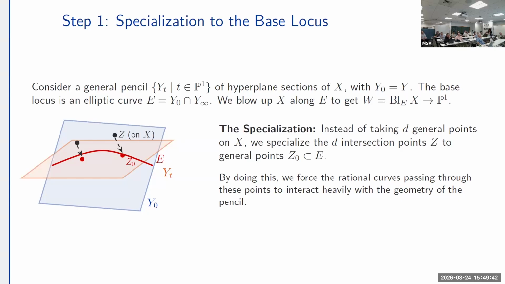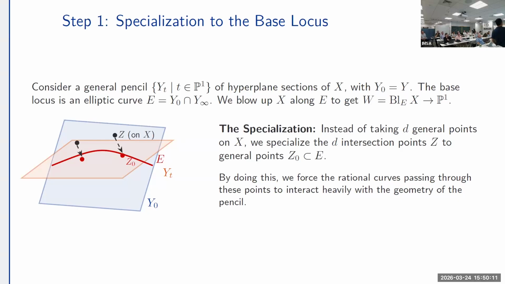So in the original conjecture, I was telling you, you have X, you have Y, you fix one rational curve that intersects Y on this set, and you fix this. But he says, no, let us specialize these points more, to the elliptic curve. And let's see what happens.